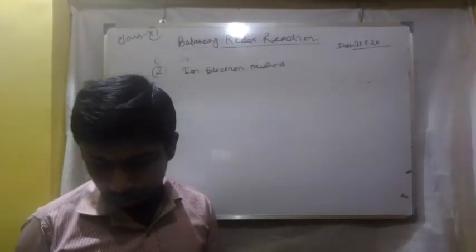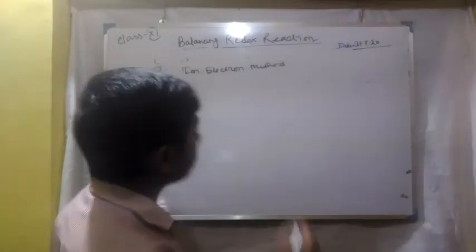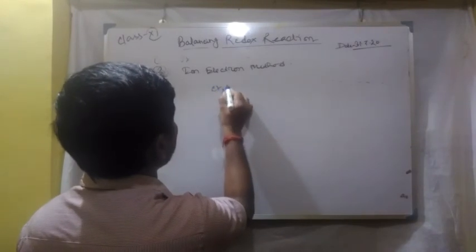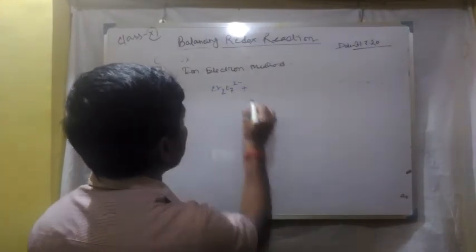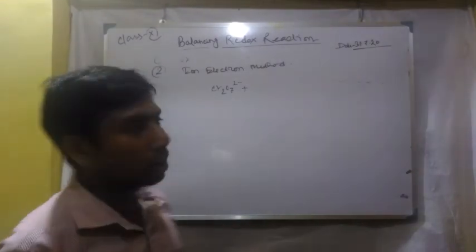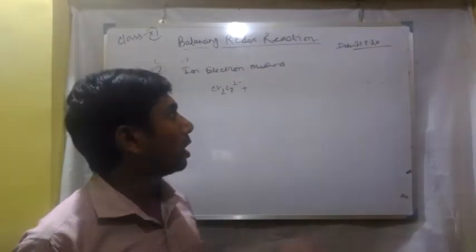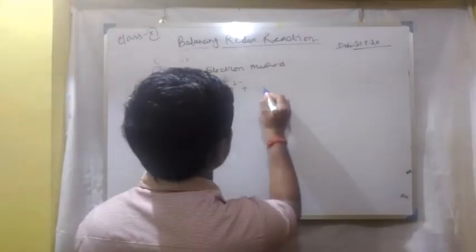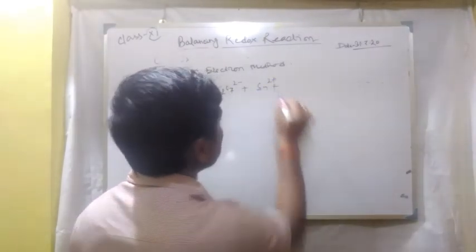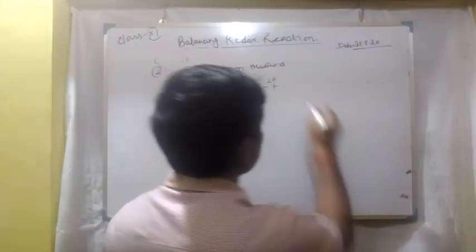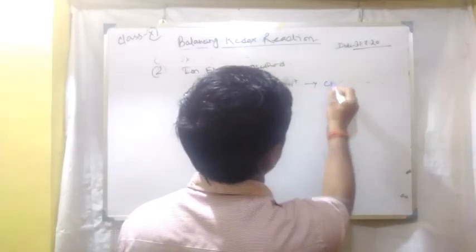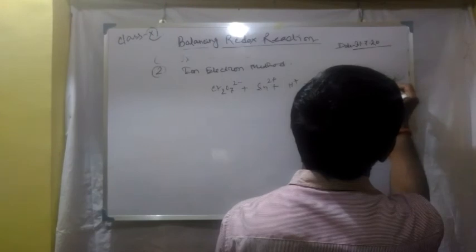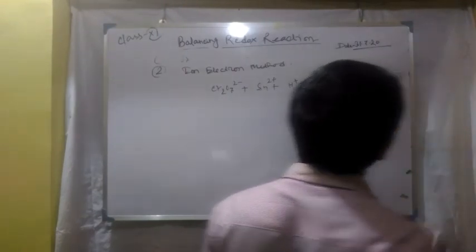I am writing down Cr2O7 2 minus. In the next class, when the online class starts, I will ask you about the balancing. Cr2O7 2 minus plus Sn2+ plus H plus, arrow Cr3+ plus Sn4+ plus H2O.